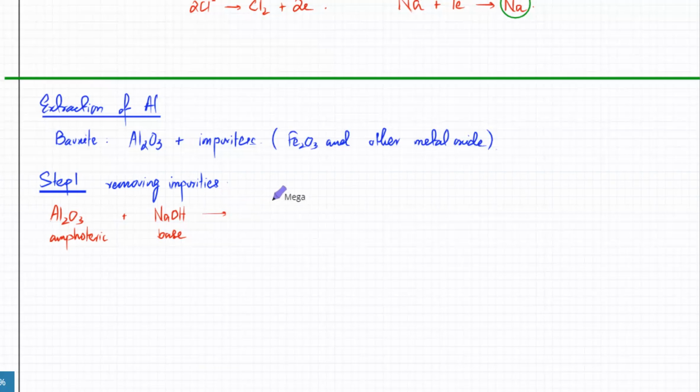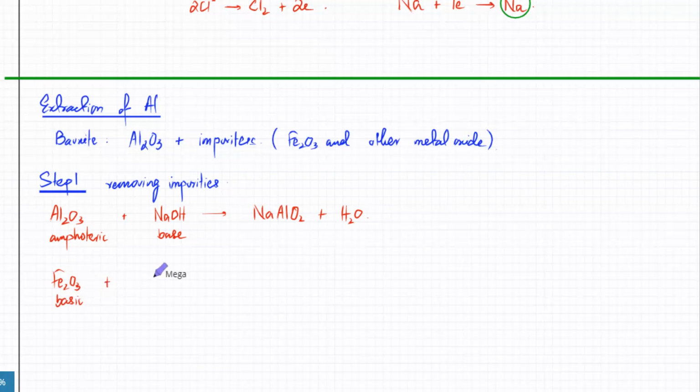And sodium aluminate is produced, and a water molecule. So you have an acid-base reaction. And Al2O3 dissolves. These other metal oxides are basic.